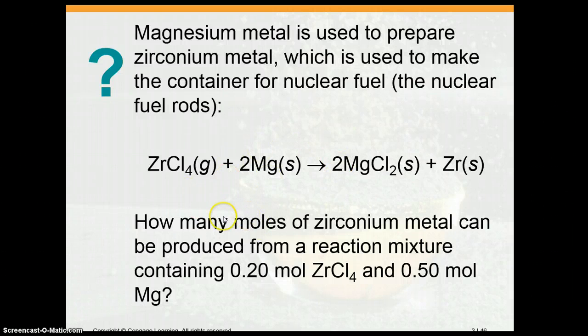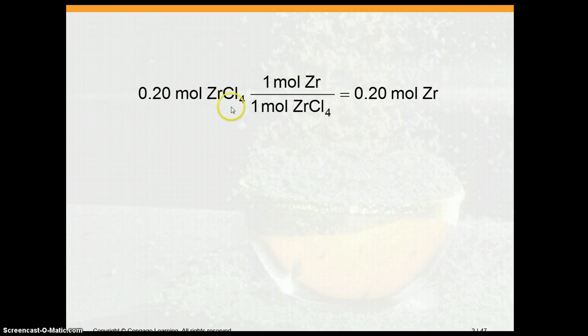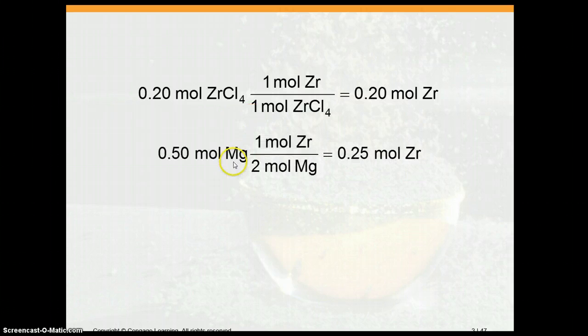Exactly the same setup as we did before. Now I have 2 values, though. I have a value for zirconium chloride and a value for magnesium, and it wants to know the moles of zirconium produced. From the zirconium chloride, I can get 0.2 moles of zirconium because I have the same coefficient in the balanced equation.